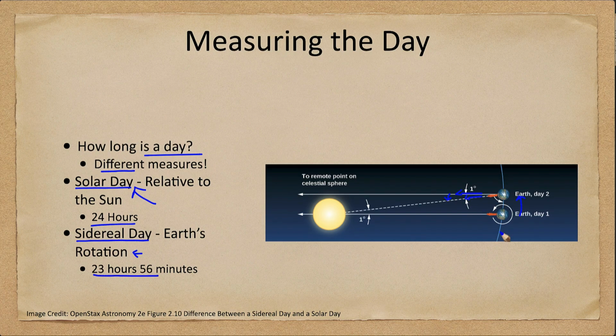So the solar day is 4 minutes longer than the sidereal day. Since time was based on the solar day, that is what we used. And that's why that's exactly 24 hours. But the true rotation of Earth's period is 23 hours and 56 minutes. And while we'll come to this later, this has absolutely nothing to do with things like leap years that we will look at later on.